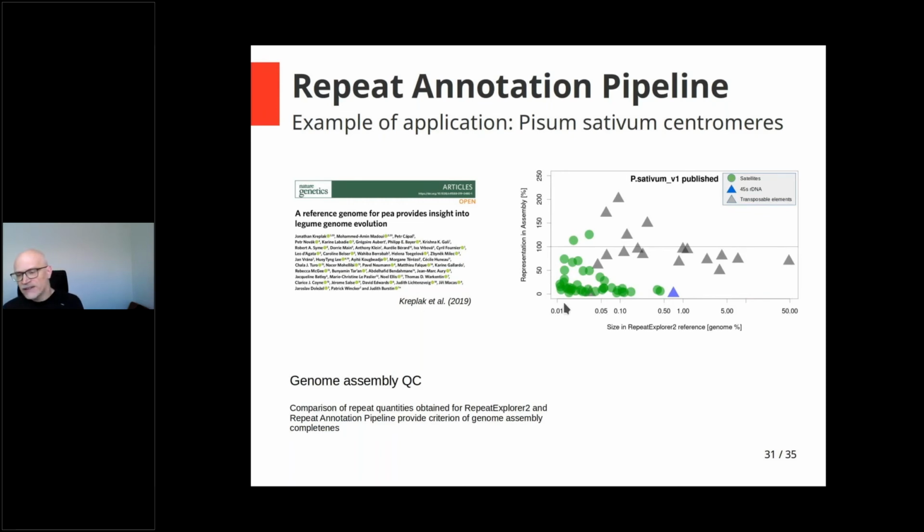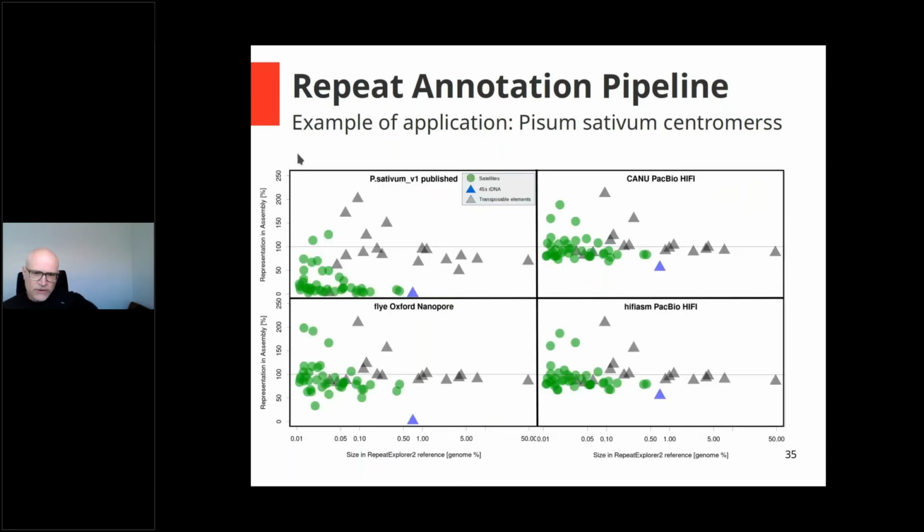So recently, the second version of the Pisum assembly started to be generated, and here you can see the comparison. This is again Pisum sativum version 1, where you can see the underrepresentation of satellite sequences.